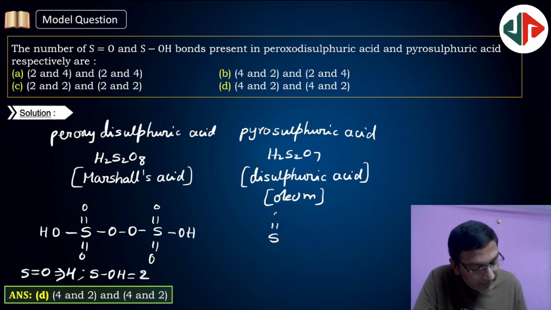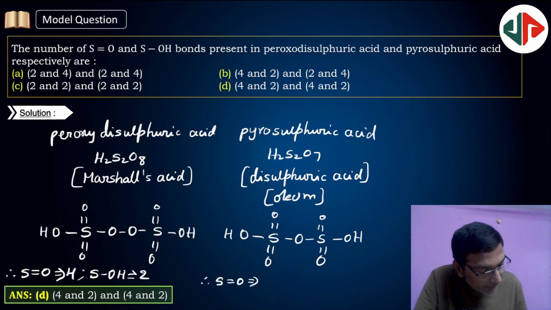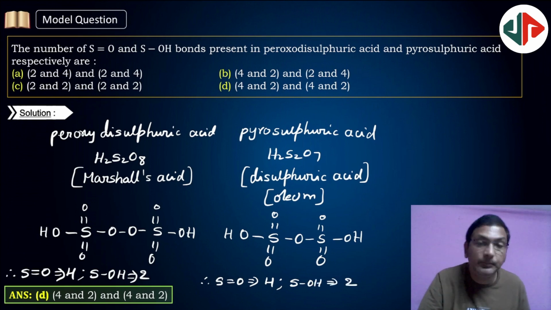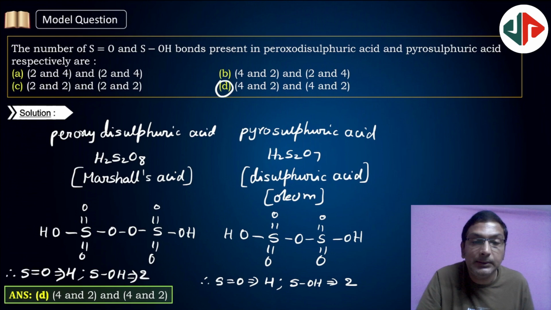Next here similar structure, OH and OH. So here also same. Therefore S=O bonds 4 and S-OH bonds 2. Therefore 4 2 and 4 2. So option D. Very very important.